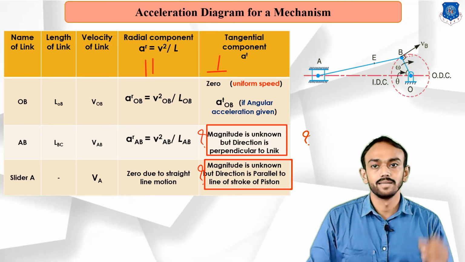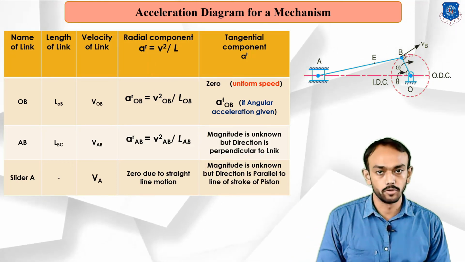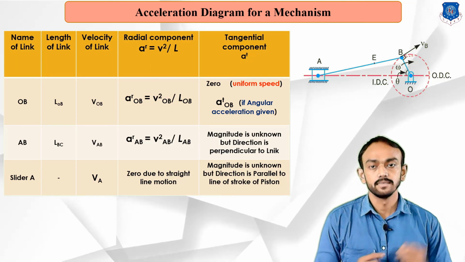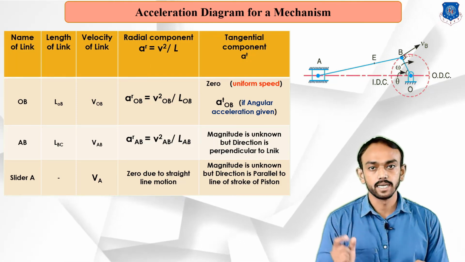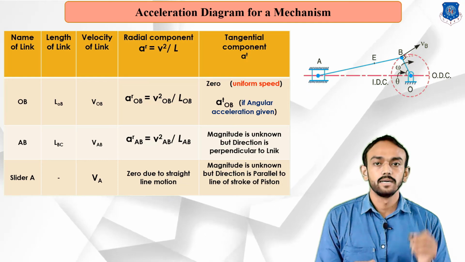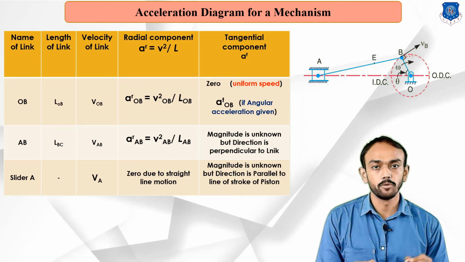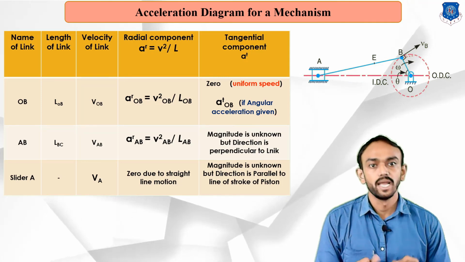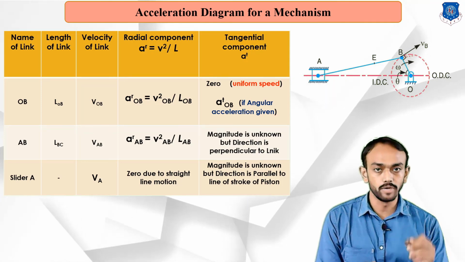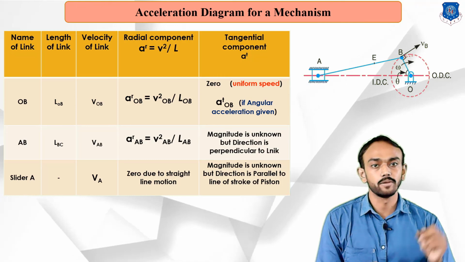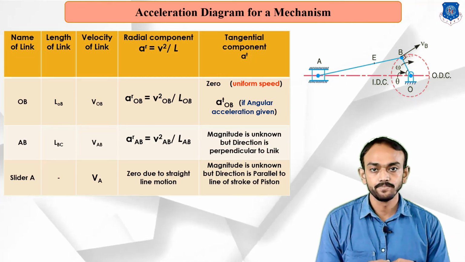Remember the direction of both components. Radial component is parallel to the link, tangential component is perpendicular to the link. The value of the radial component is equal to v square by L, and the tangential component is equal to angular acceleration into the length of that link. Okay, thank you.